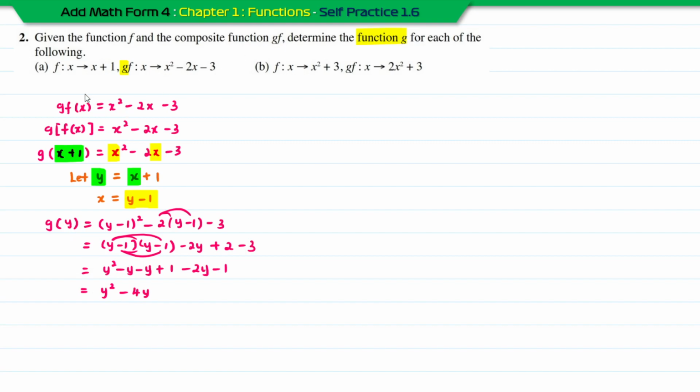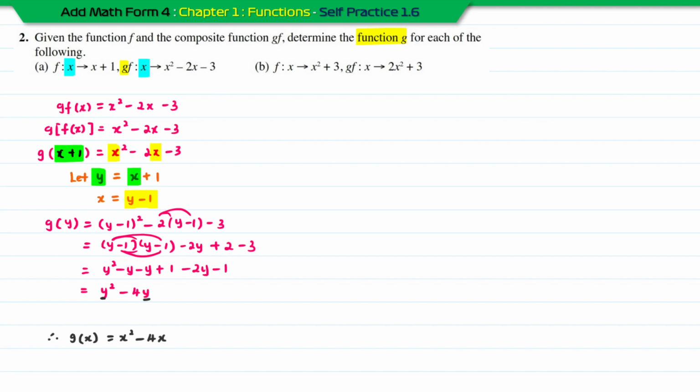From the question, everything is in terms of x, so we replace the y with x. The function g(x) is equal to x squared minus 4x. So if you insert x plus 1 into the x in the function g, this is the composite function that you're going to get.